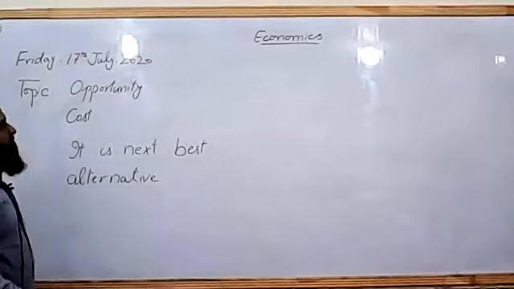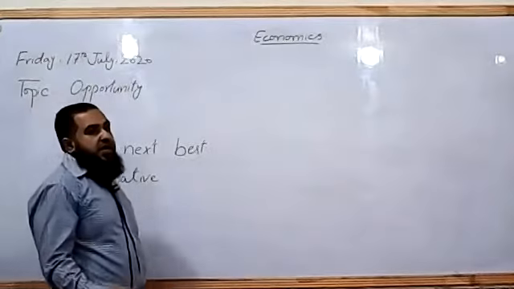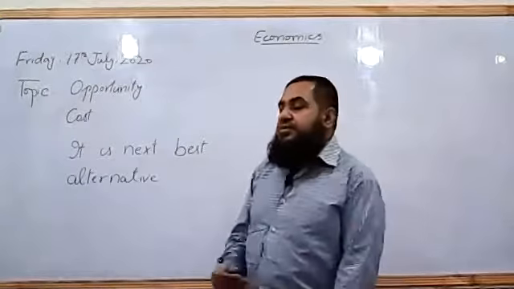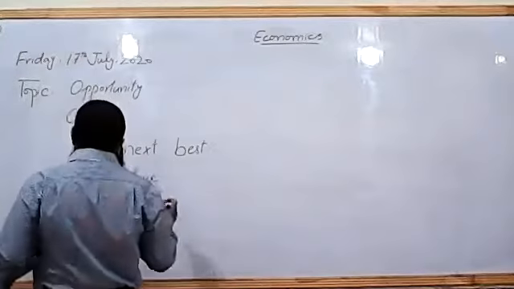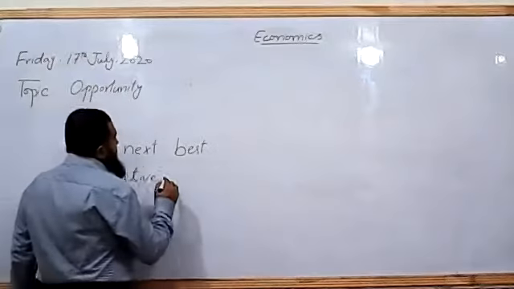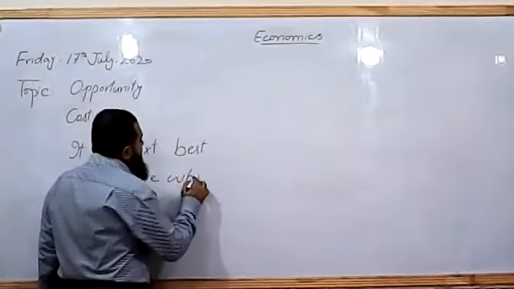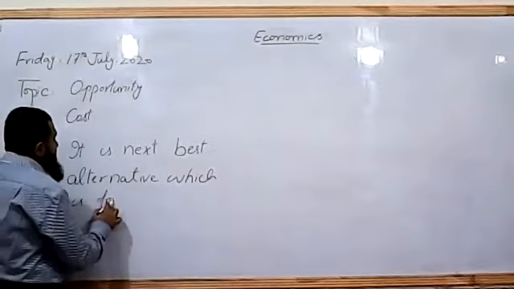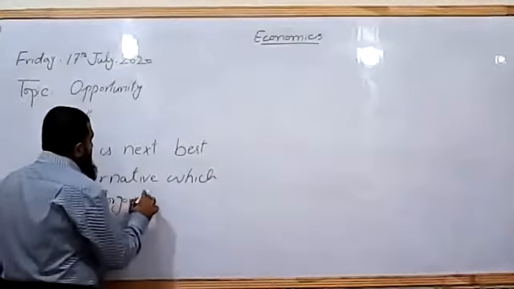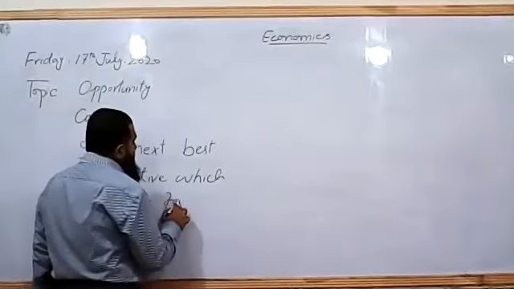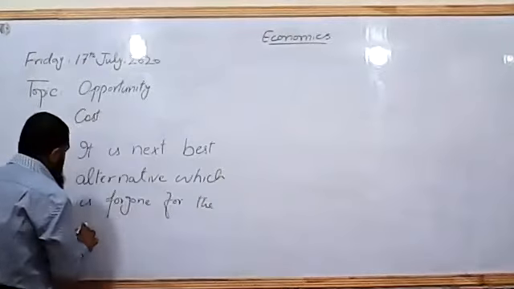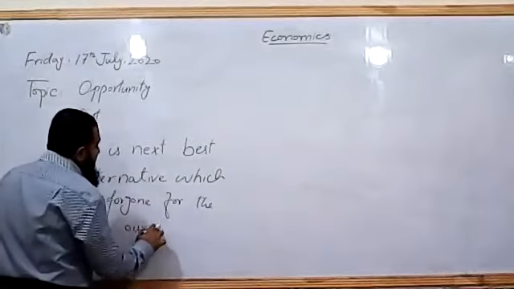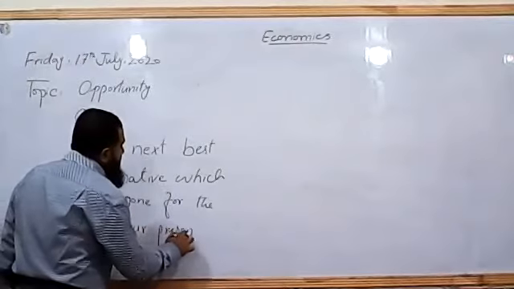Therefore, they also have alternate uses. So when we choose one of the alternatives, the next best will be the opportunity cost of our decision. It is the next best alternative which is foregone for the sake of our present decision.